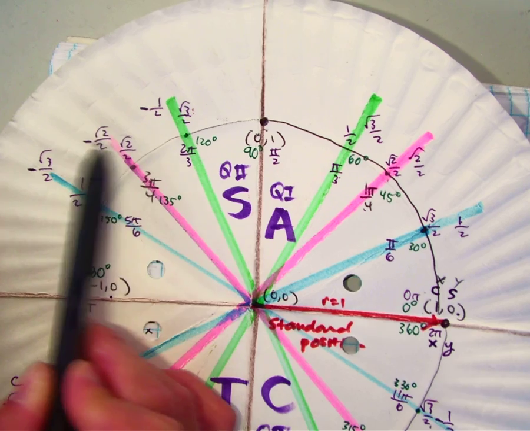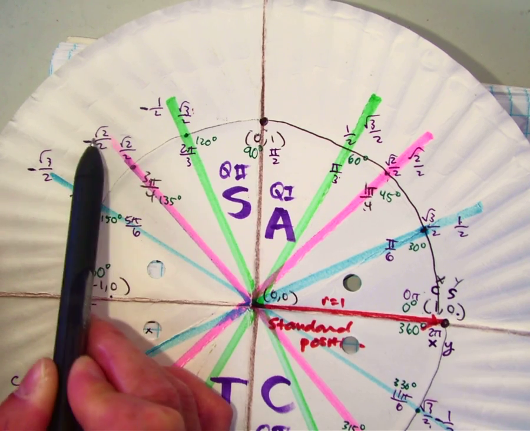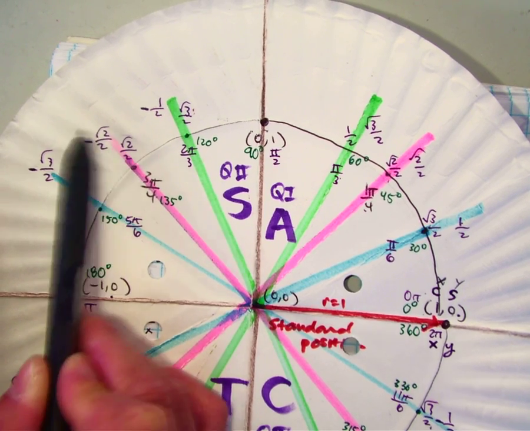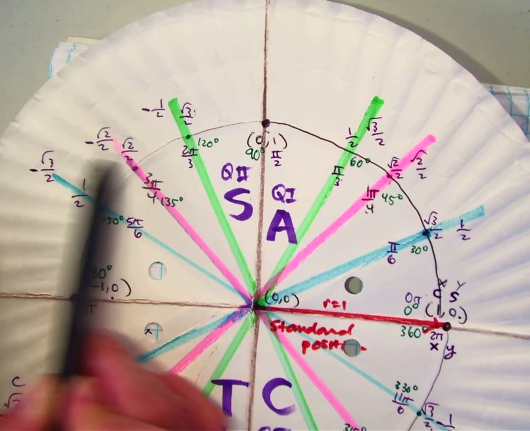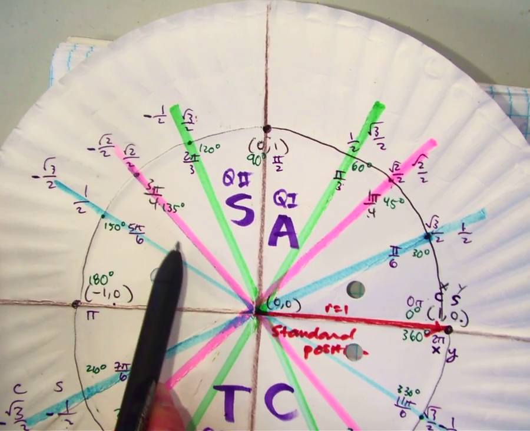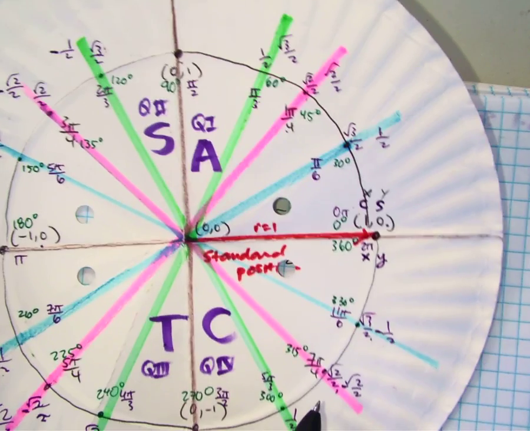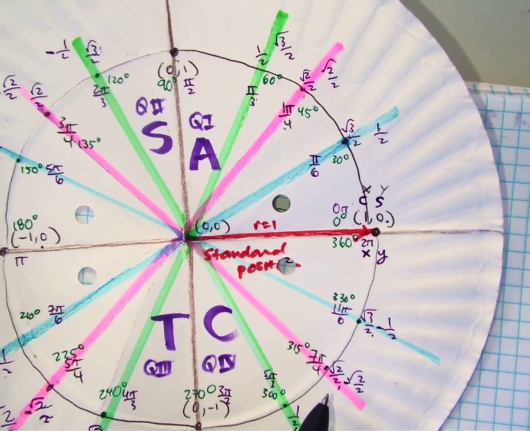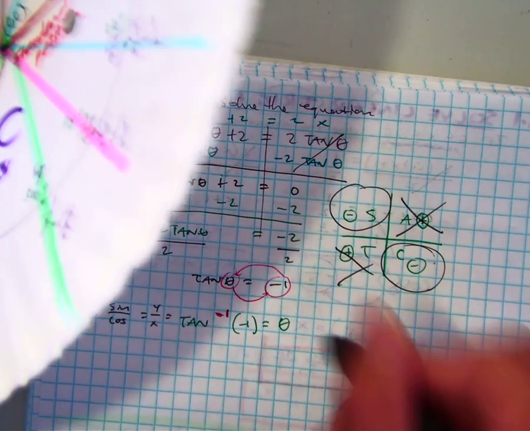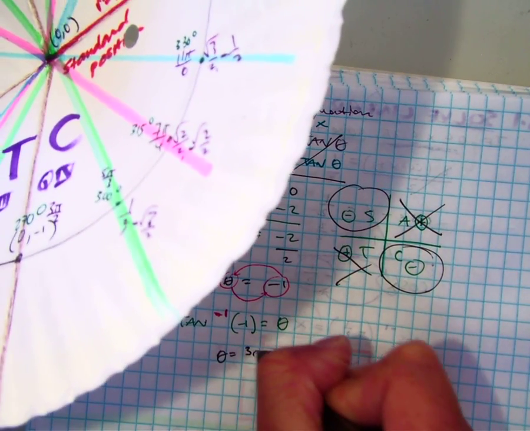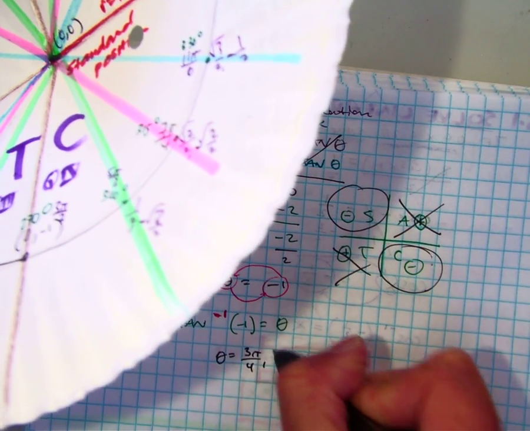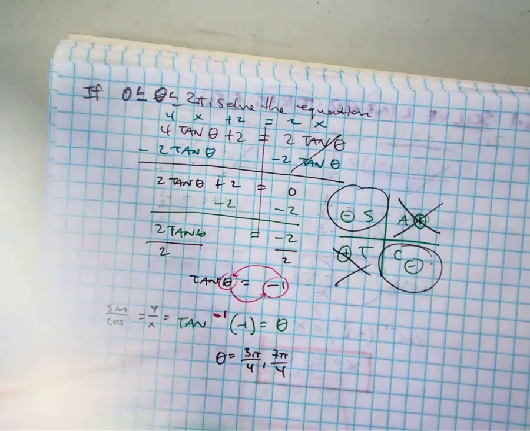But if I do this one, this expression looks exactly like this one, it's just this one's negative. Positive divided by negative is negative 1. So this is my answer. 3 pi over 4 and 7 pi over 4. Theta equals 3 pi over 4 and 7 pi over 4.